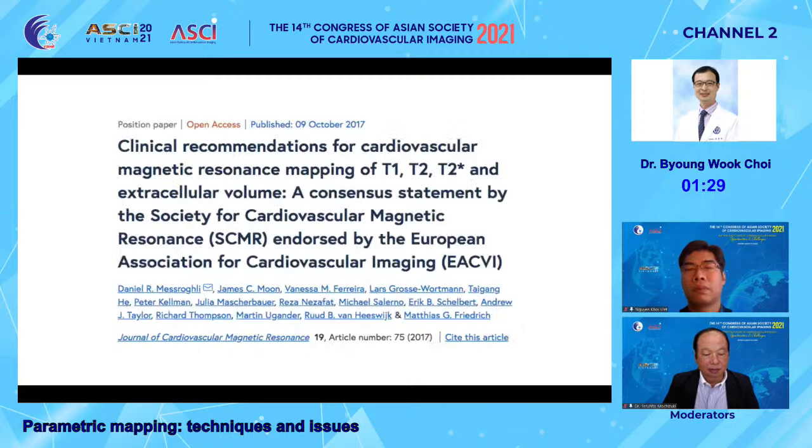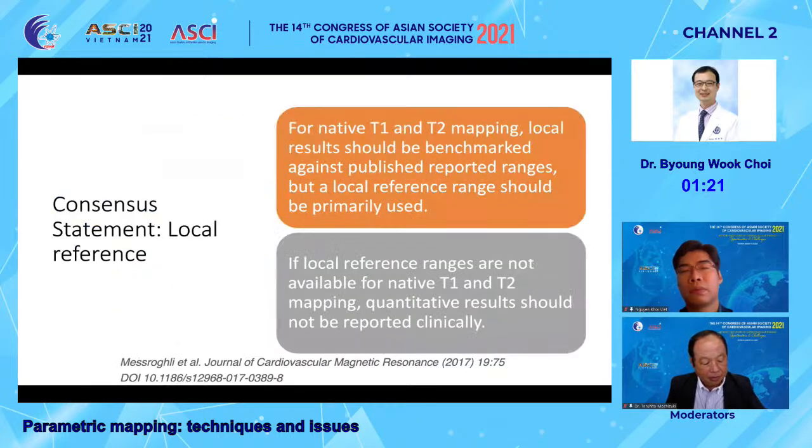I would like to wrap up my talk with introducing consensus statement for local reference and quality control. For research and clinical practice, a local reference range should be primarily used. If local reference ranges are not available for native T1 and T2 mapping, quantitative results should not be reported clinically.